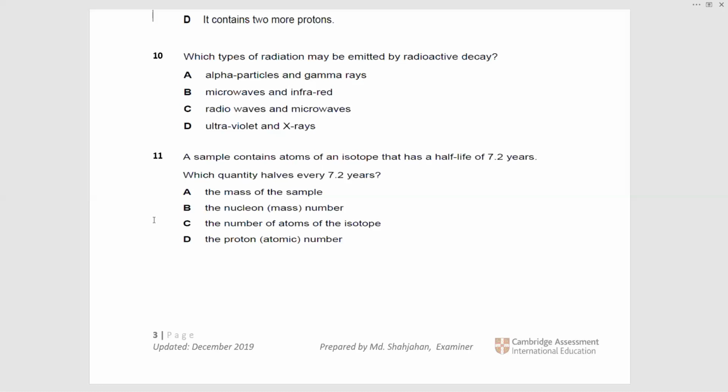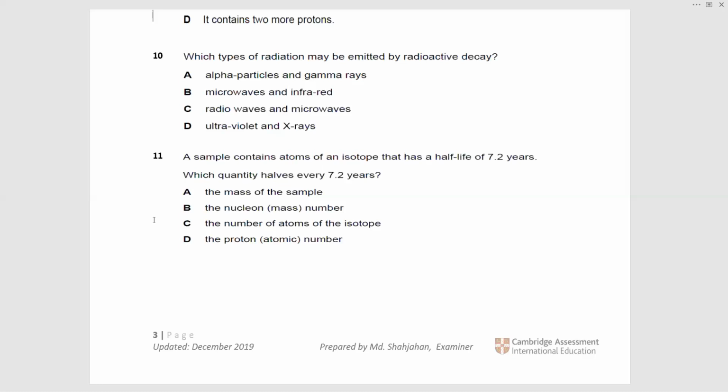Sir, but if they are saying exactly that the isotope's mass is becoming half, then we can take this.